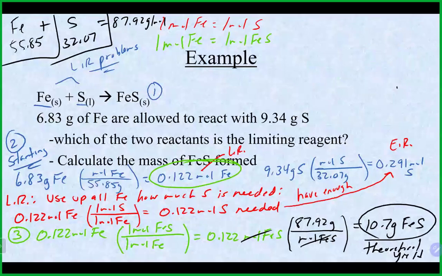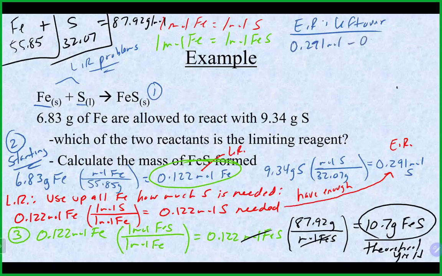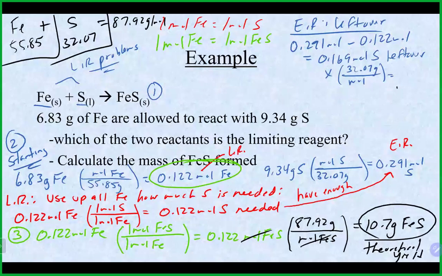We know that in terms of our excess reagent, we needed 0.122 and we started with 0.291 moles. 0.291 moles minus 0.122 moles will give us about 0.169 moles of sulfur left over, which we then can multiply by the molar mass of sulfur, 32.07 grams per mole. That is about 5.42 grams.